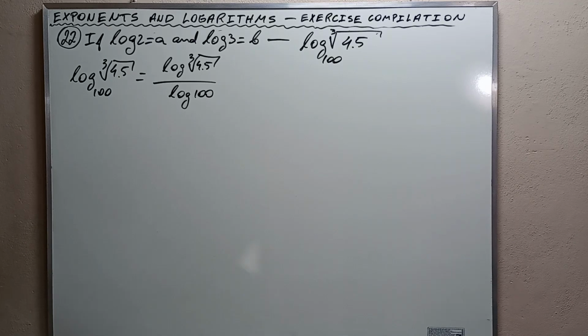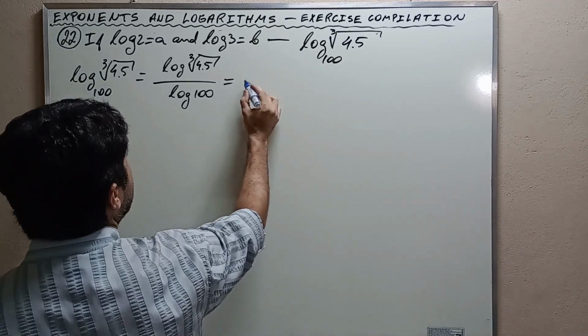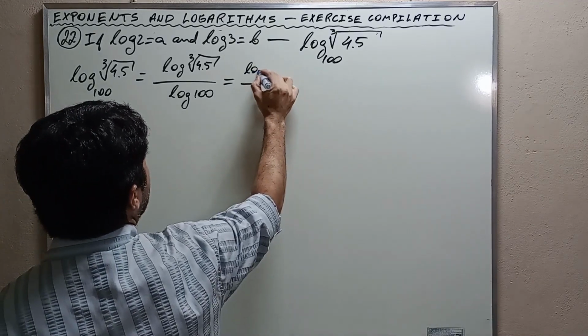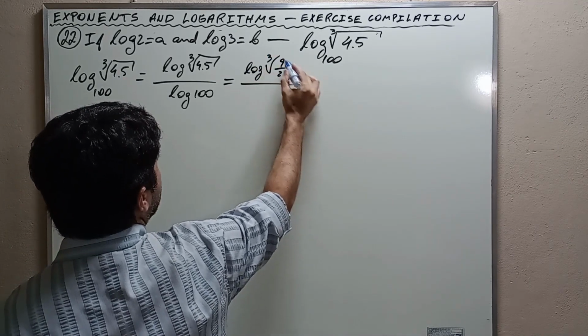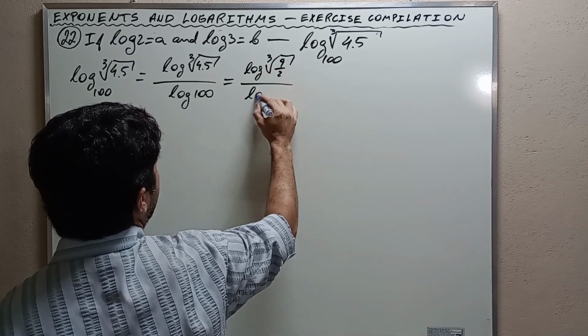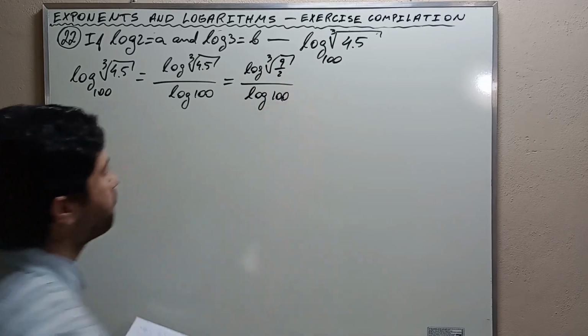Alright, 4.5 is equal to 9 divided by 2. We are going to use this, the logarithm of the cube root of 9 divided by 2, divided by the logarithm of 100.